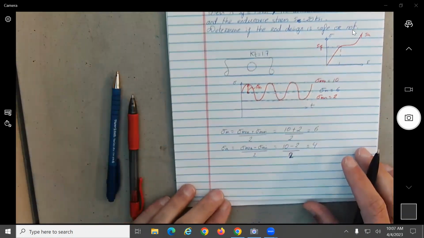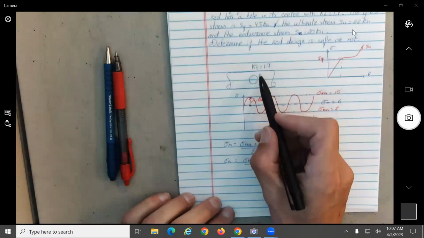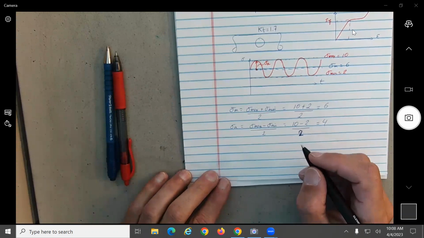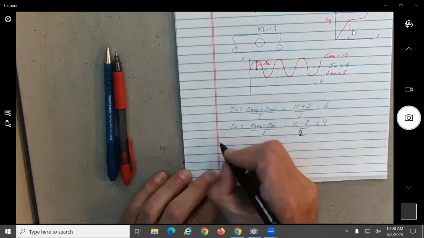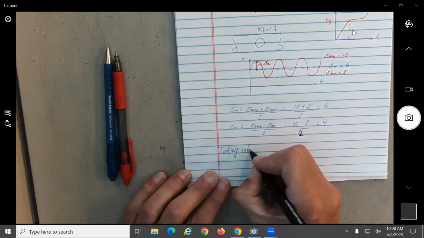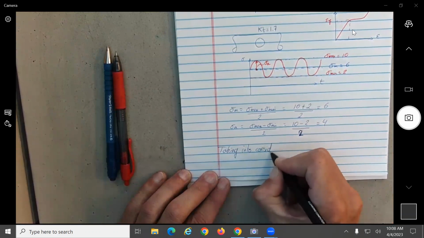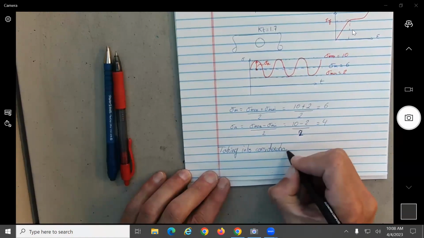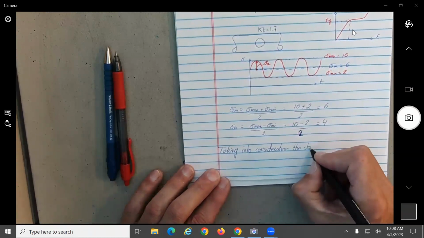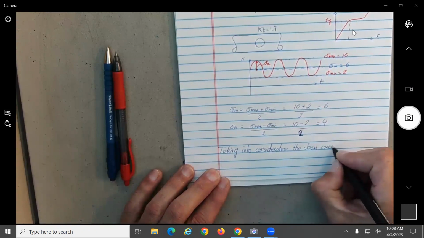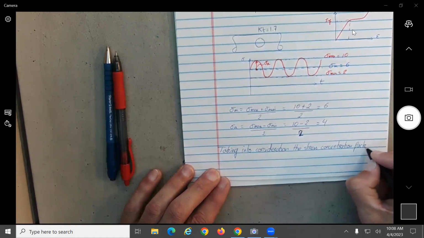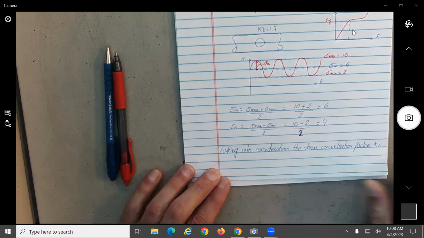All right, so next, let's see. We need to take into account what happened with this K sub T, taking into consideration the stress concentration factor K_T.